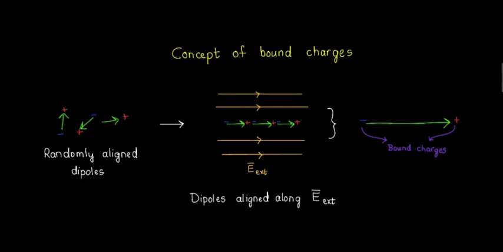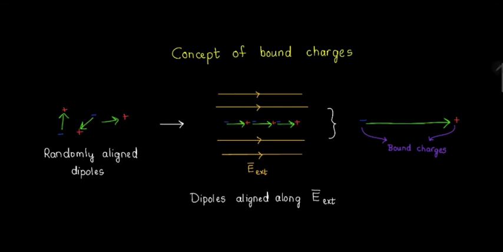Let's see an example. Let's say I have three randomly aligned dipoles. The moment I apply an external electric field, all these three dipoles are going to align along this external electric field. Now, these dipoles have no choice. Before this electric field came into their lives, they were living happily.